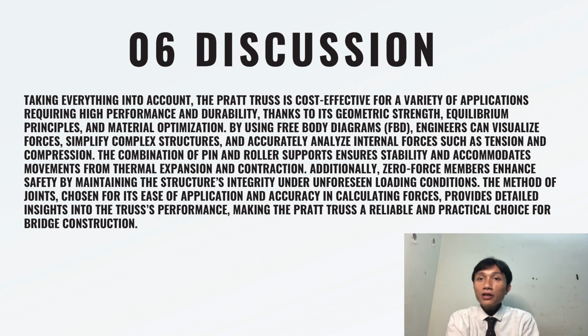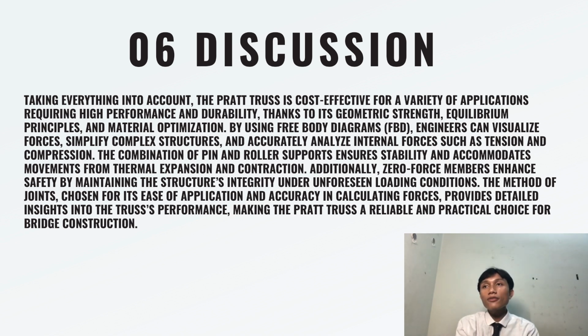Taking everything into account, the Pratt truss is cost-effective for a variety of applications requiring high performance and durability, thanks to its geometric strength, equilibrium principles, and material optimization. By using free body diagrams, or FBD, engineers can visualize forces, simplify complex structures, and accurately analyze internal forces such as tension and compression.